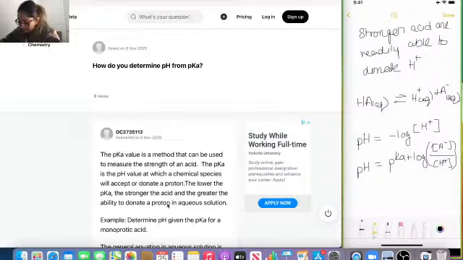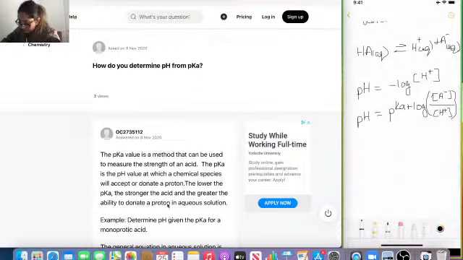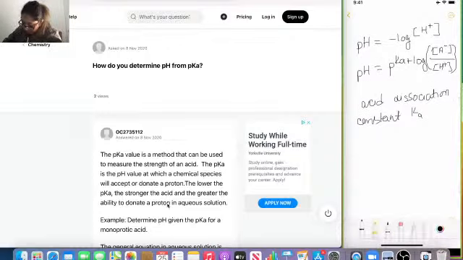You can also calculate the value of the acid dissociation constant, which is Ka. So to find Ka, we can find this from knowing the pKa. This is basically 10 to the power of negative pKa.